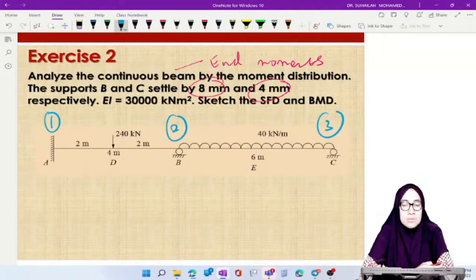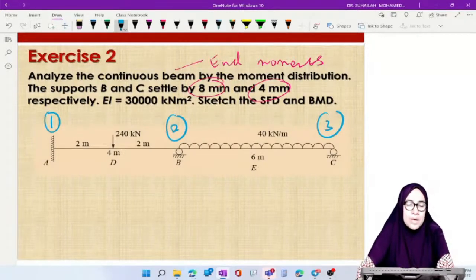A is fixed, C is roller. As usual, before we can start distributing moment, we have to determine the distribution factor, which we can determine by a simple formula: K divided by total K. Let's check the K value for AB and BC.